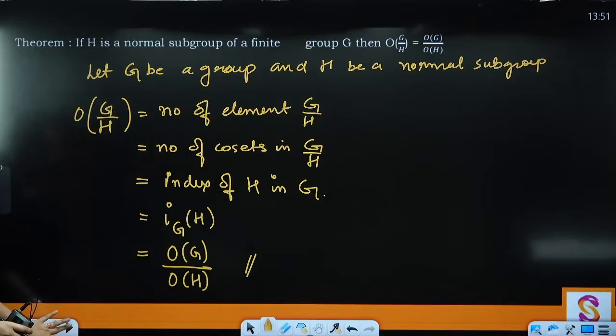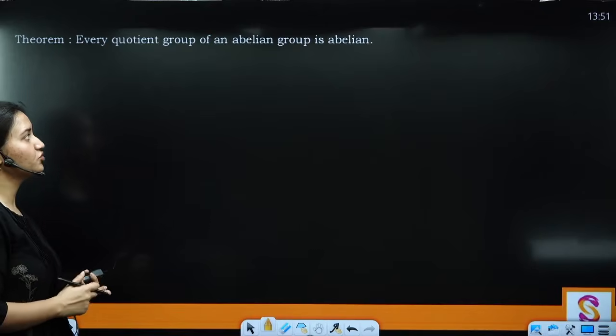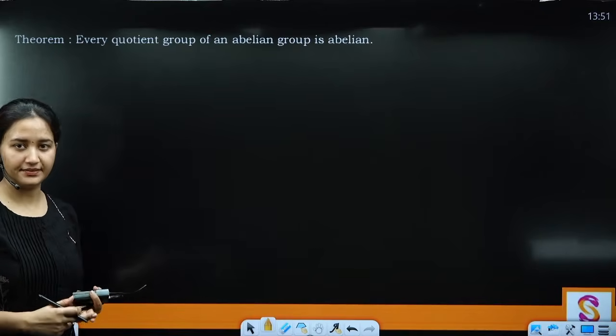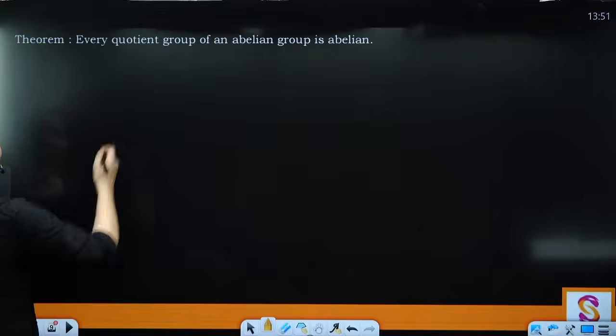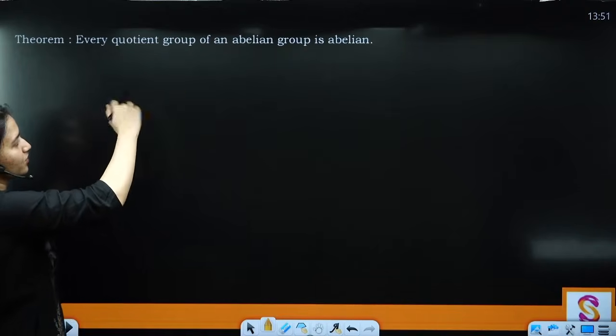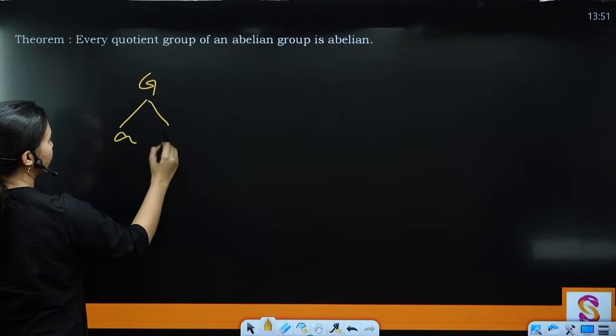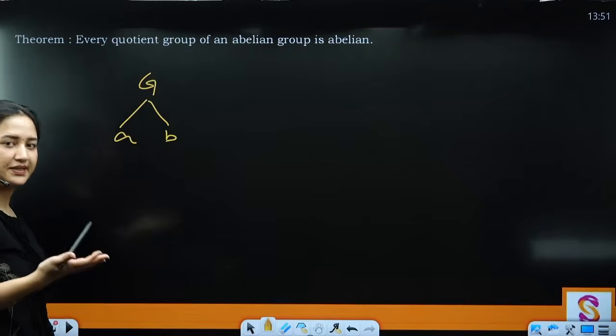Okay, moving on, every quotient group of an abelian group is abelian. Very easy to prove. क्या करना है? Basically we want to show, आपके दिमाग में सबसे पहले क्या आता है? क्वोशंट ग्रुप के 2 एलिमेंट्स. जब भी आप नॉर्मल ग्रुप की बात करते थे, यू नीड 2 एलिमेंट्स, राइट? एंड टू प्रूव दैट दिस ग्रुप इज abelian, what do you need?